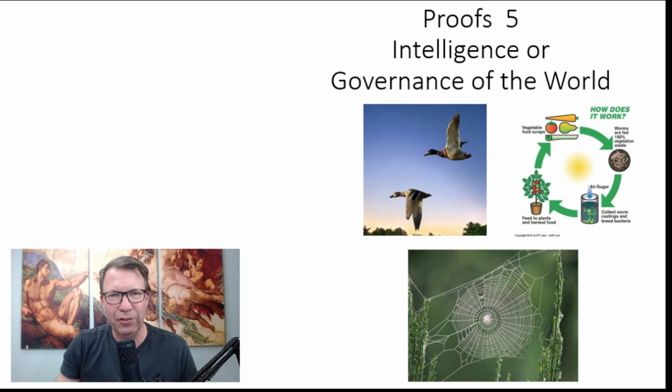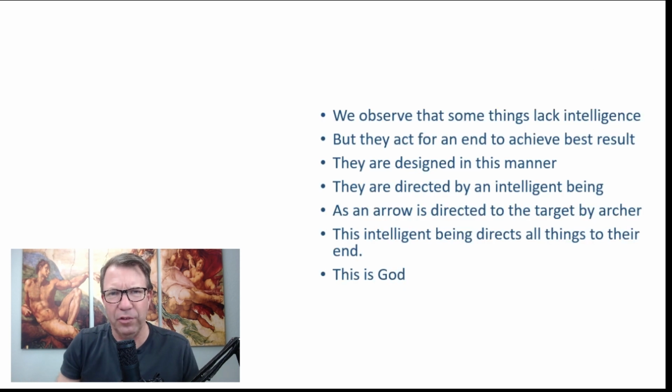All right. The last one is actually my personal favorite, based on intelligence or governance of the world. And he says, we see non-intelligent creatures like ducks and spiders and the photosynthesis and composting process carrying out, but it's not by intelligent creatures. And so he says we observe things lack intelligence, but nonetheless they act for an end and a purpose.